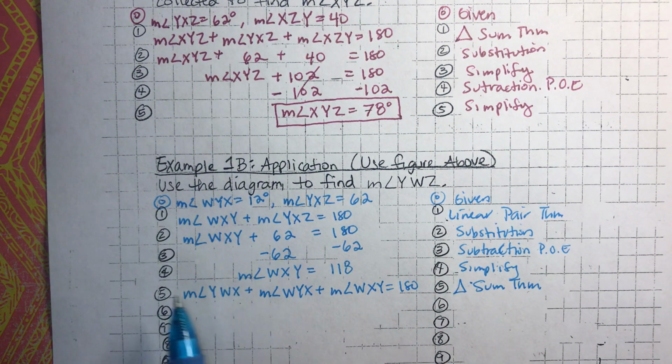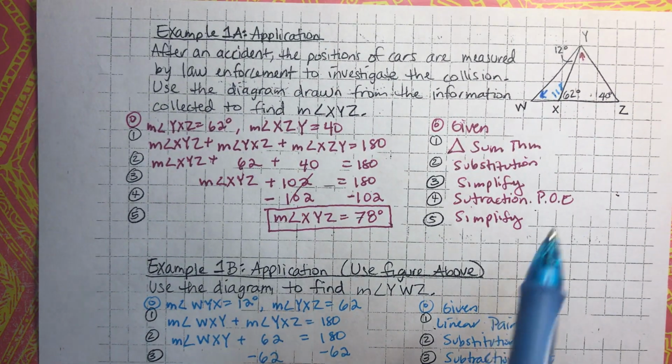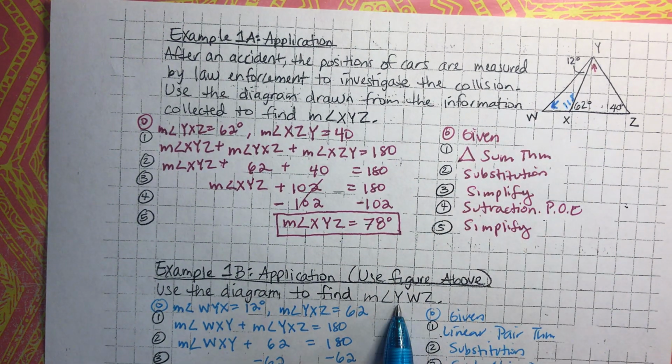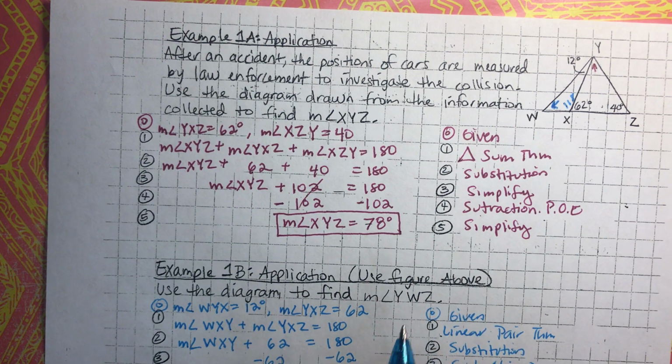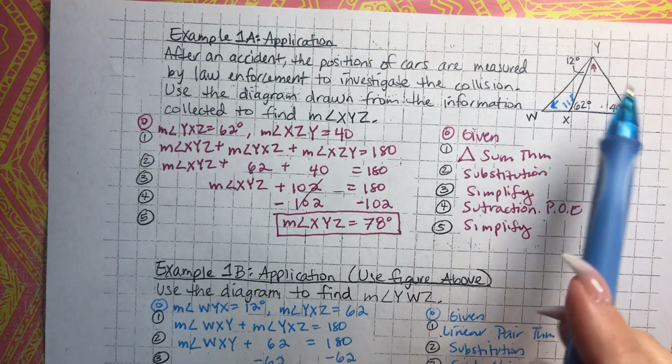Then we just substitute in our values, right? So this is the one we're trying to find. Oh, did I write it wrong? Or did I write it right? Oh, you know, WYX and WYZ. Okay, it's asking us to find WYZ. So WYX and WYZ are the same thing.